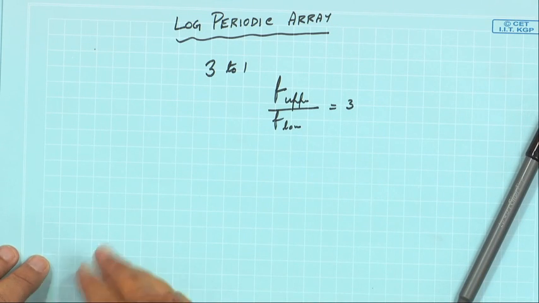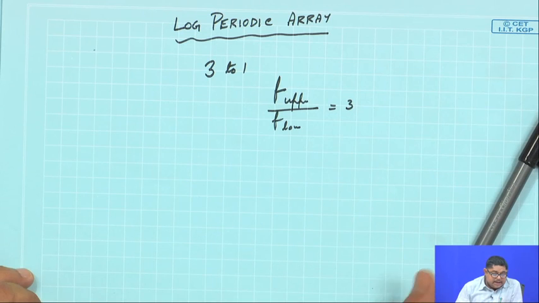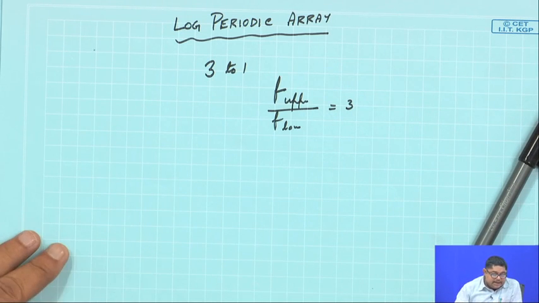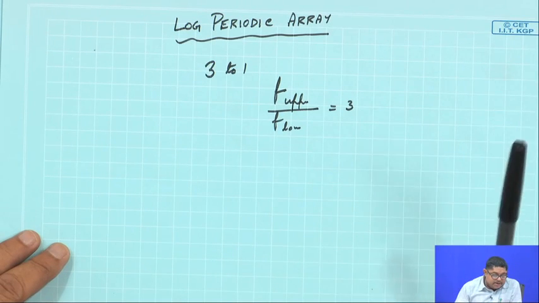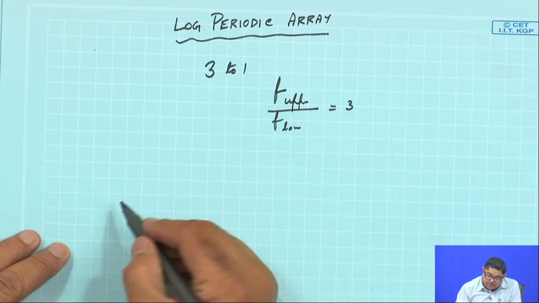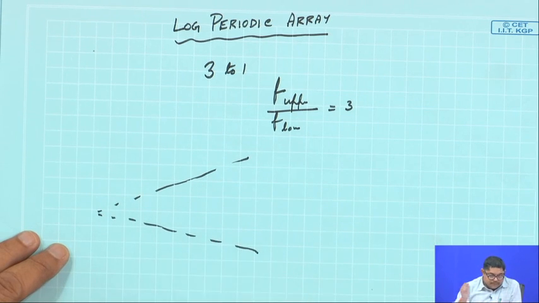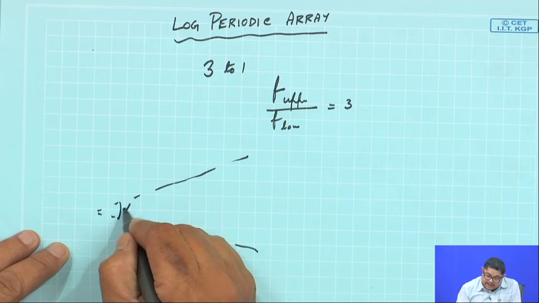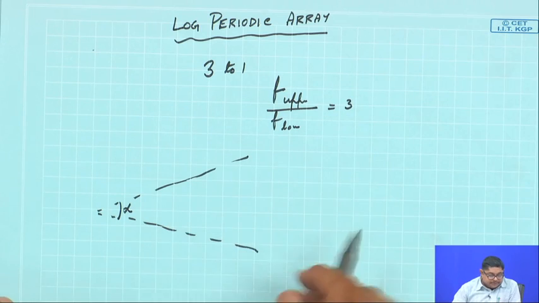Now, the concept was actually from Professor Ramsey, who used to work on this, and most of the concepts are his. His concept was to build a structure that scales itself up periodically as the frequency changes. Suppose this angle is alpha, and I have two silhouettes.